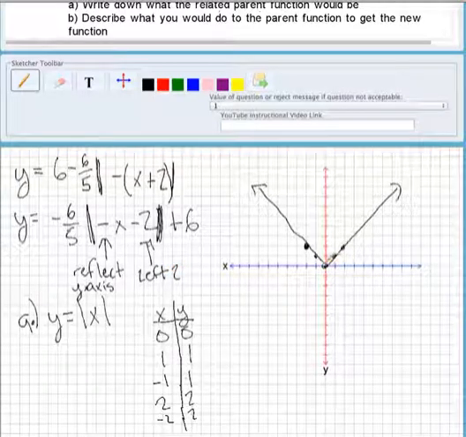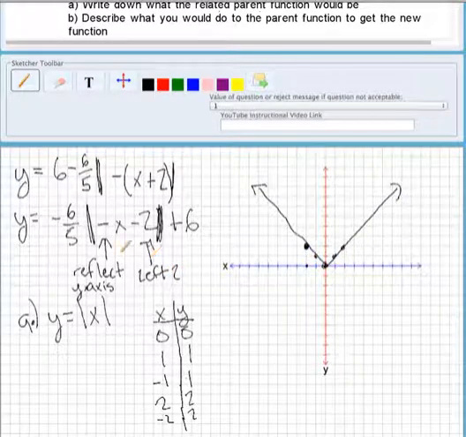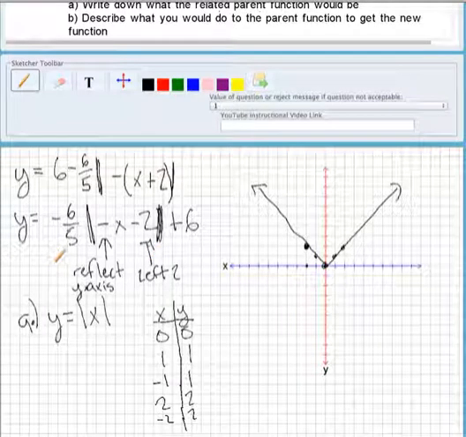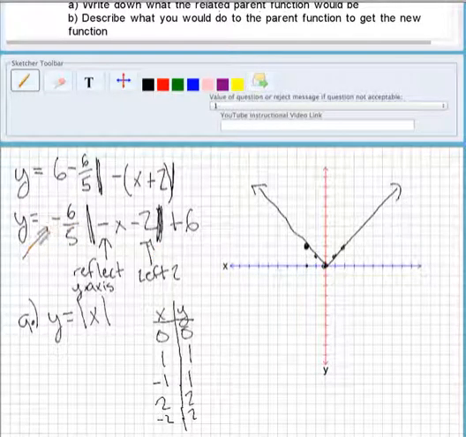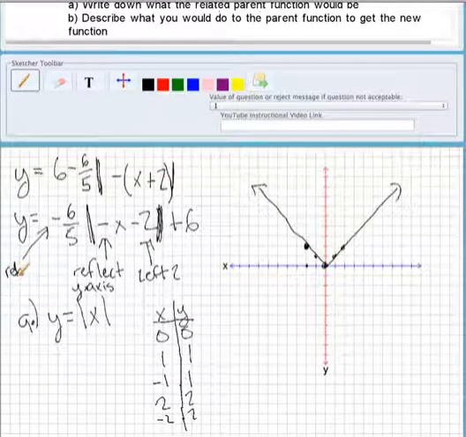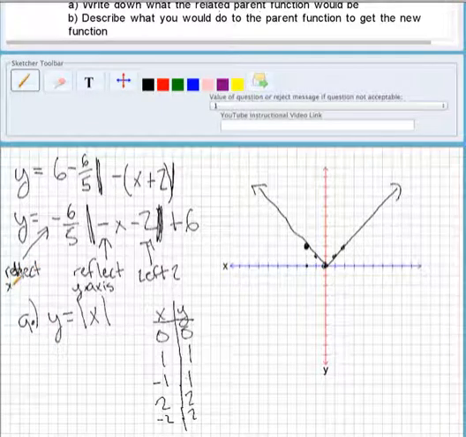So we're going to move the vertex to the left 2 right here. And then we're going to do the multiplication, where the negative is the reflection about the x-axis.